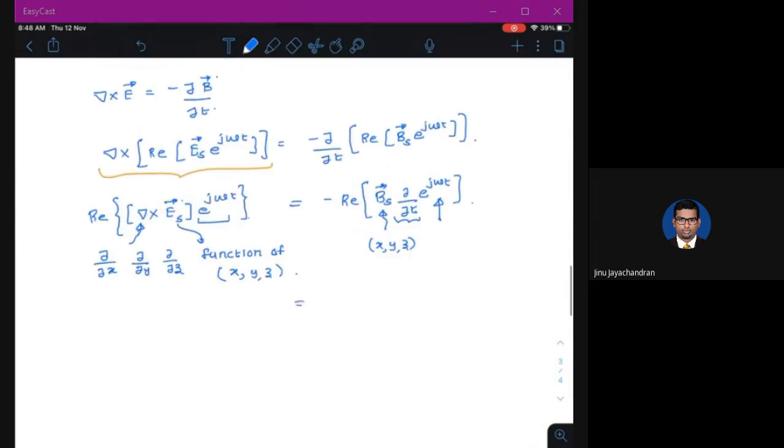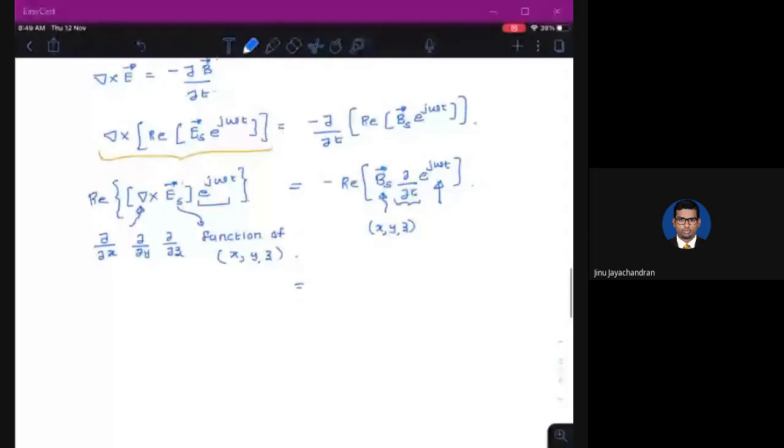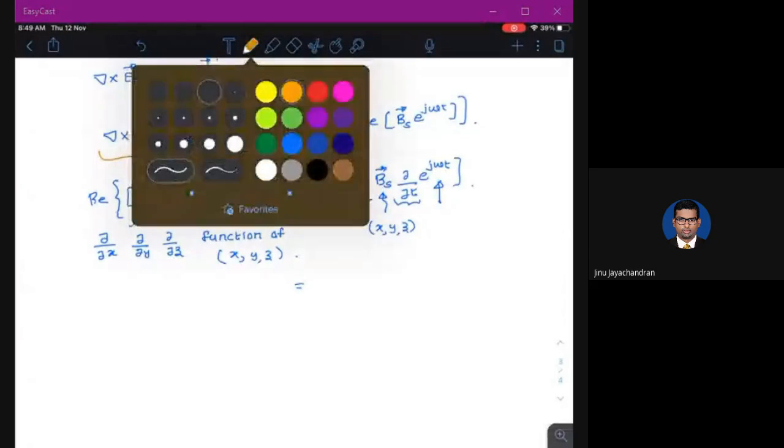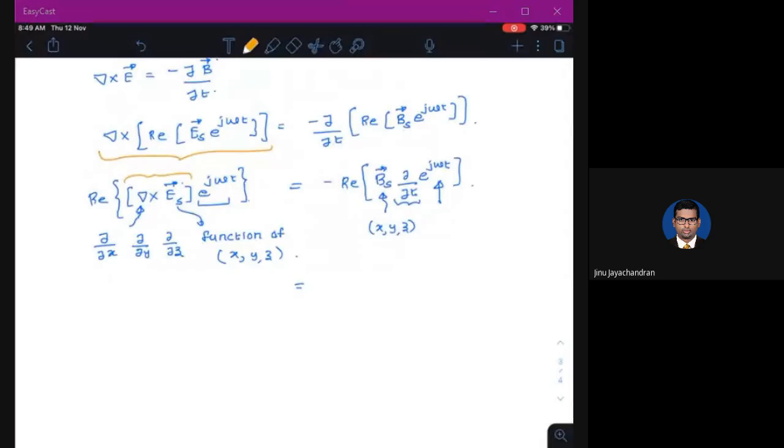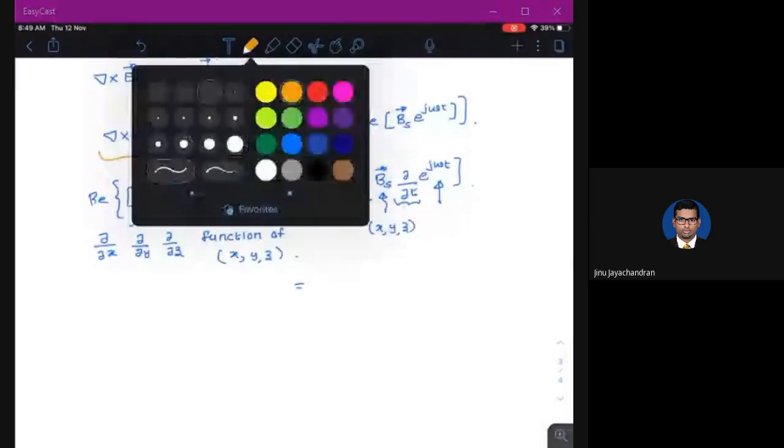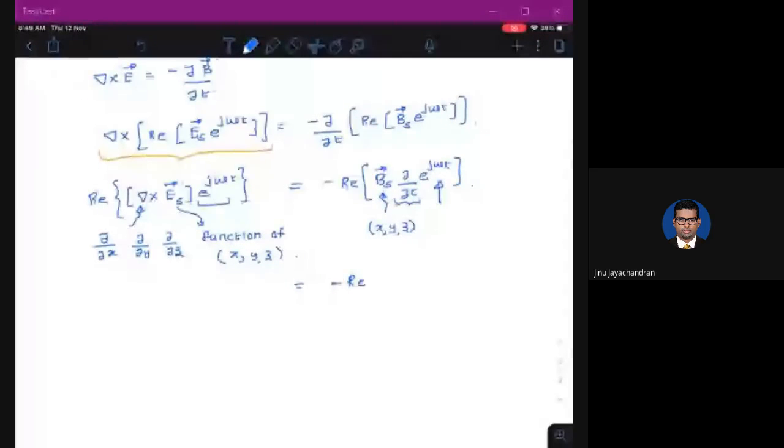Okay, and we know the right hand side is minus j omega into, or let me do it completely in phasor. So the left hand side, this is your del cross Es. The phasor terms of left hand side and right hand side should match. So in the right hand side, it is minus real of j omega Bs e raised to j omega t.